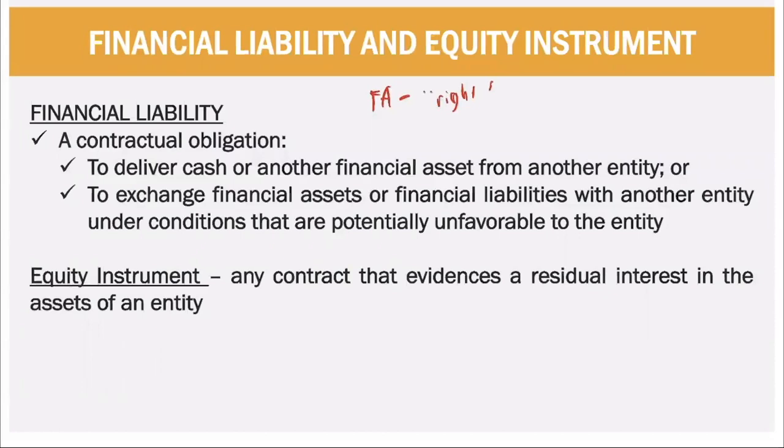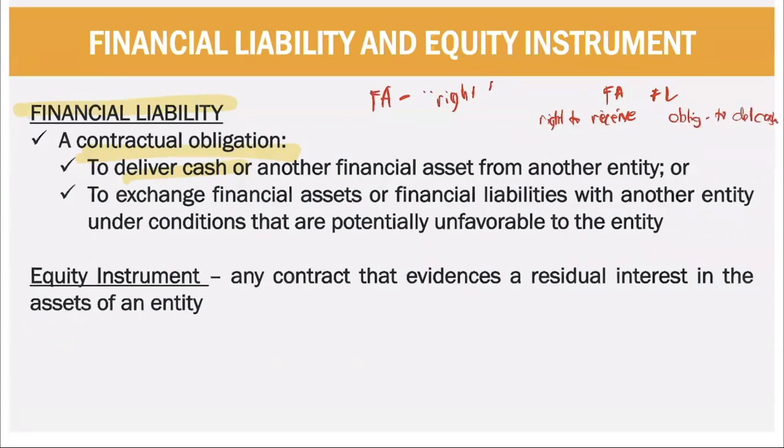A financial liability is defined as a contractual obligation to deliver cash. In a financial asset, what is given is to receive cash, so a right to receive. In a financial liability, this is an obligation to deliver cash.